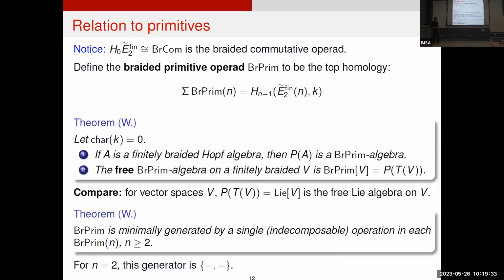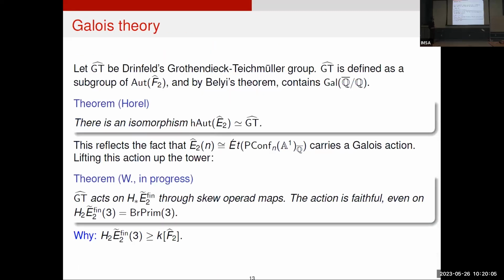So you might guess that all of the homology of E2 fin is the composite of the braided commutative with the braided primitive operads. This is false. There are definitely classes that are not there. There's a map from that operad into this operad, and I don't know if it's injective, but it is definitely not surjective. So it's complicated.